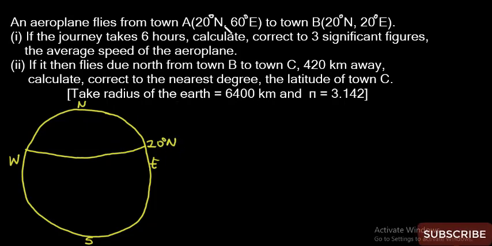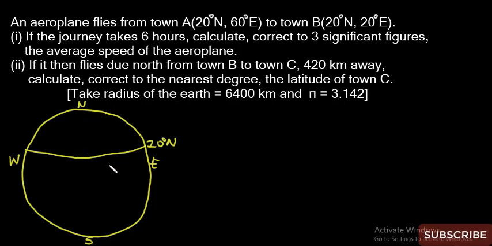Then for the longitude, which is 60 degrees east, that will rise from the Greenwich meridian, an imaginary line cutting from the North Pole to the South Pole.